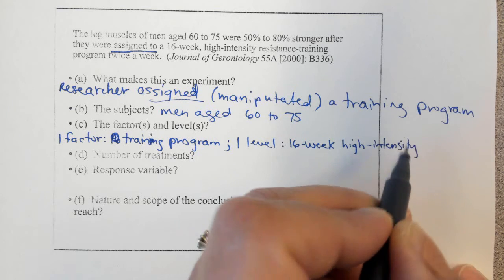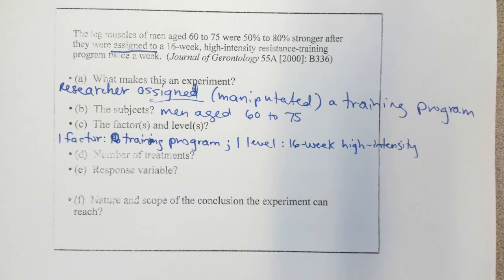Now, most of the time I would consider that a poorly designed experiment, because there was only one level. And usually you want some sort of a control group that gets something different. Are you familiar with the term control group at all? Like people that didn't get the high resistance training program, and you can compare the results. That really is your best type of experiment.